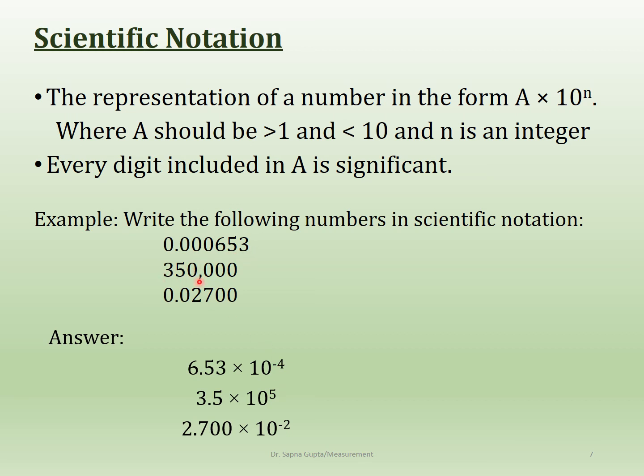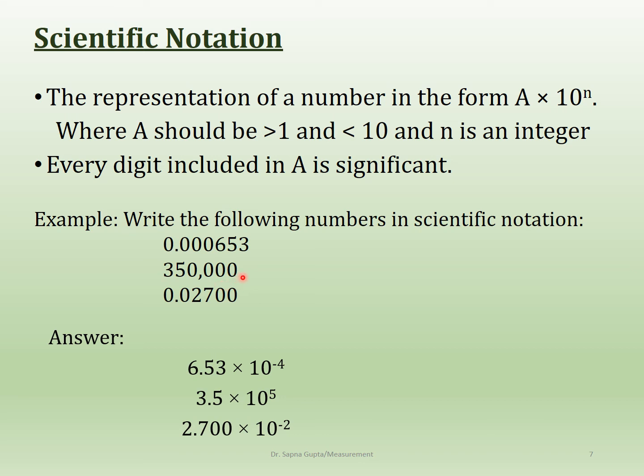The next number here is a huge number. It's a large number. The zeros are on the right hand side. So if it's a large number, that means that your n number is going to be positive. Your first number A still has to be between 1 and 10, which means 3.5. So we're going to take 3.5 over here, which means that my decimal point, which really is not visible over here, is right here.